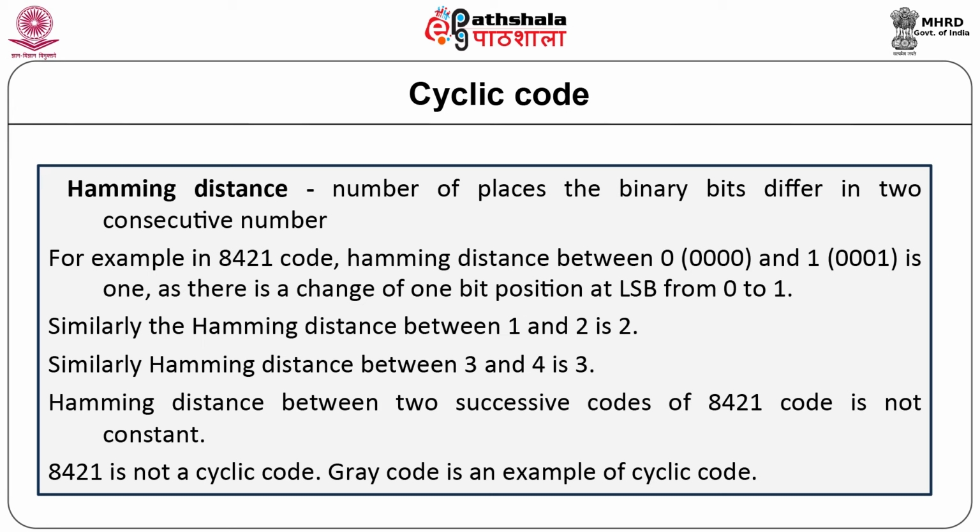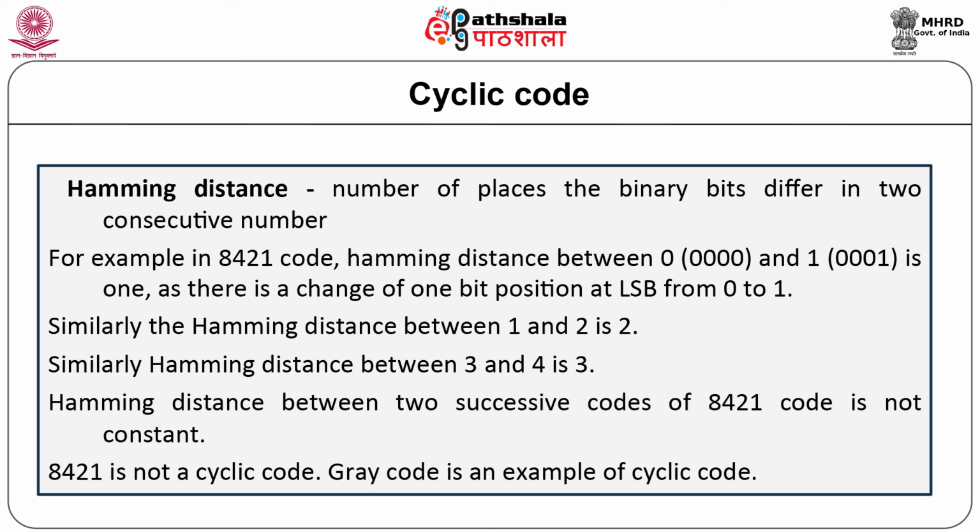So for example, in 8421 code, the Hamming distance between 0, that is binary 0000, and 1, 0001, is 1, as there is a change of 1 bit position at LSB from 0 to 1. Similarly, the Hamming distance between 1 and 2 is 2. The distance between 3 and 4 is 3. Thus, one can say that Hamming distance between two consecutive codes of 8421 code is not constant.